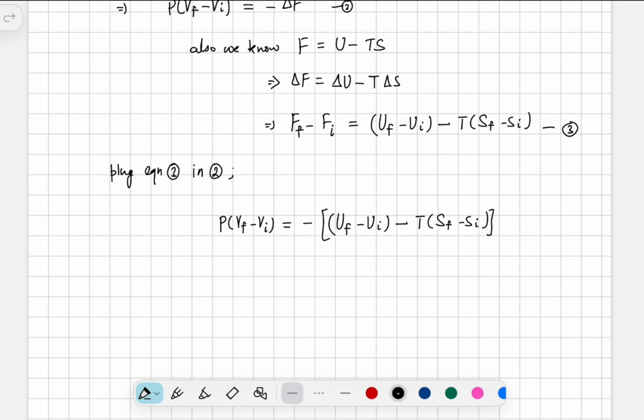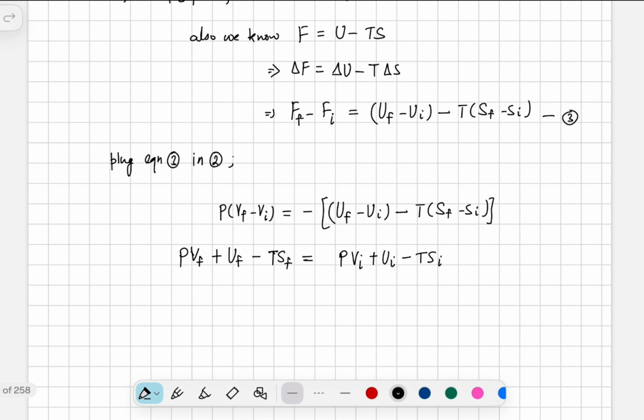So in the LHS you will have P of Vf minus U f, right? Then minus of T Sf. Similarly, you will have P of Vi, because I am collecting the initial terms on the right hand side, so this will become this thing.